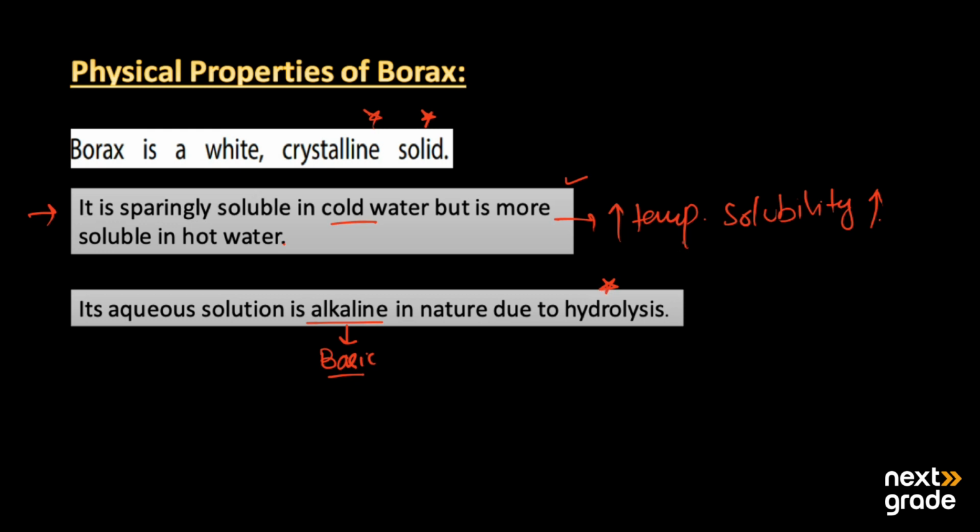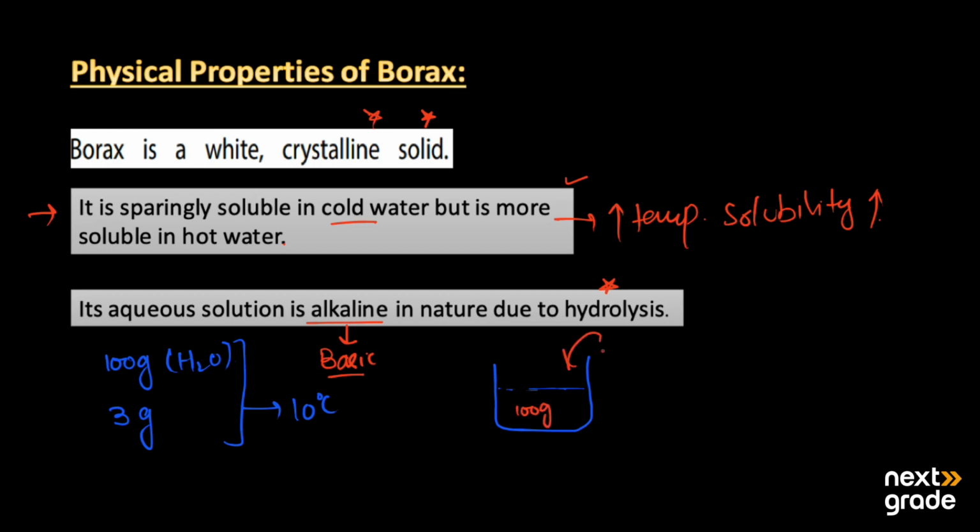For example, when we look at its solubility, if we take 100 grams of water and dissolve 3 grams of borax at a temperature of 10 degrees Celsius, or if I draw the beakers, the first one has 100 grams of water and we add 3 grams of borax, and the temperature is almost 10 degrees Celsius.